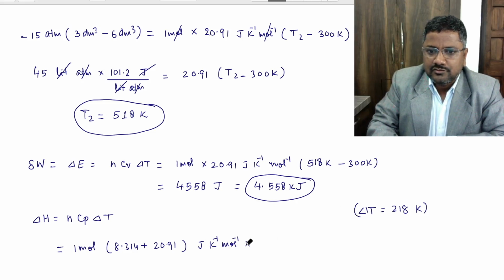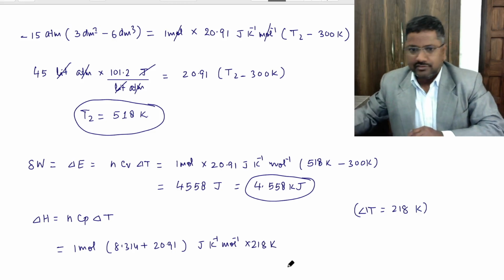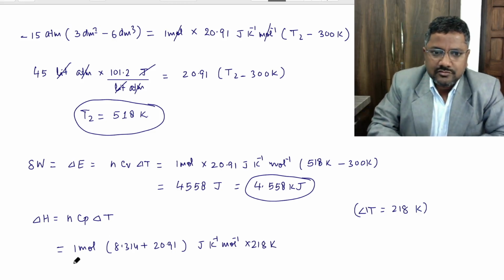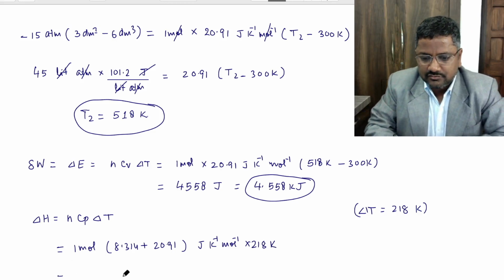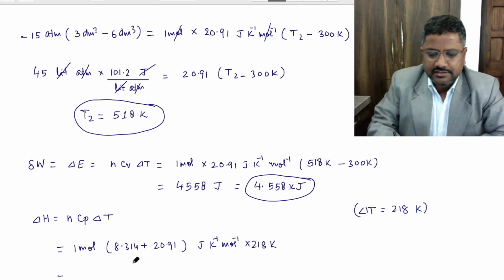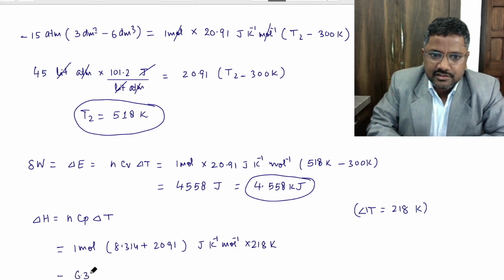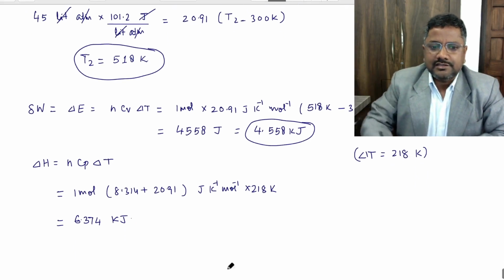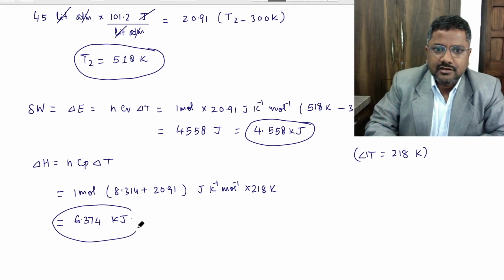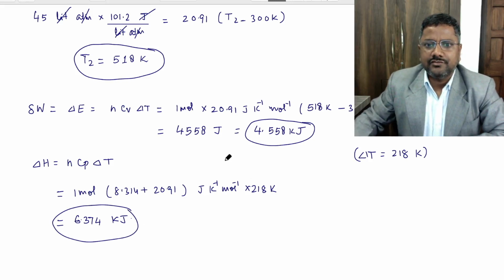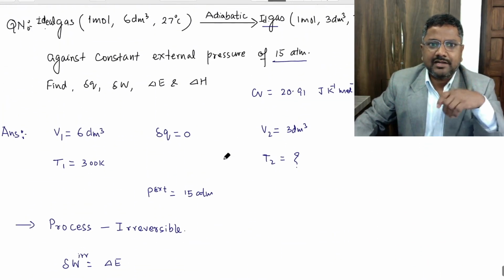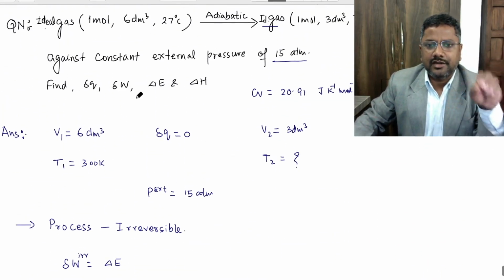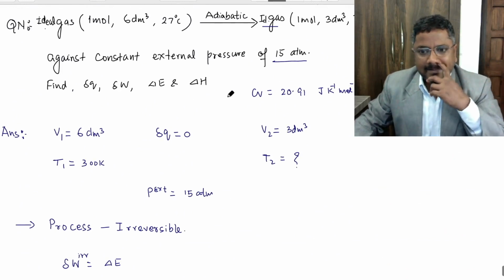So this is equal to 6.374 kilojoules, right? So delta H is equal to this. You can calculate very easily. See, all the parameters you have calculated: delta Q, delta W, delta E, and delta H.